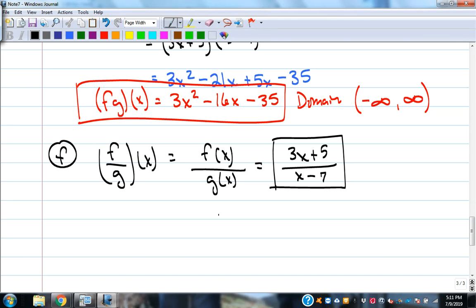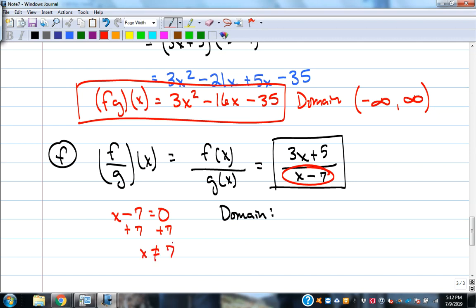Now, the domain for that, what's the red flag that we've created? We've created a red flag of an x in the bottom. So we've got to take care of that. We've got to say x minus 7, when is it equal to 0? When x is equal to 7.